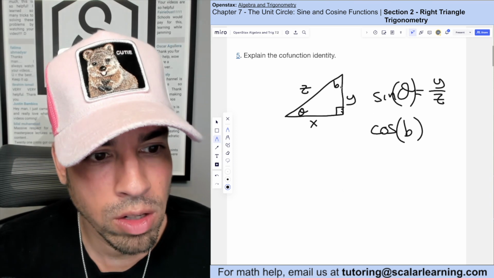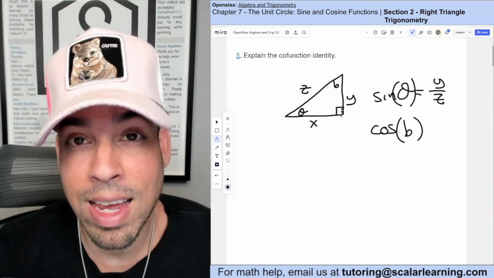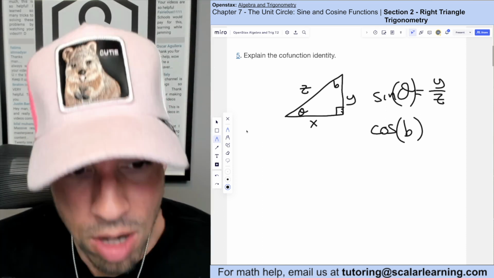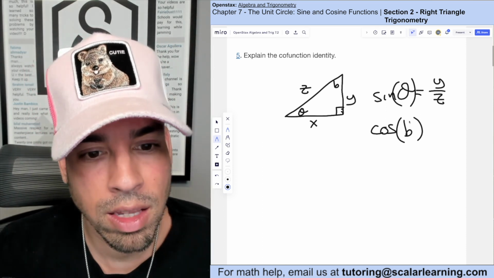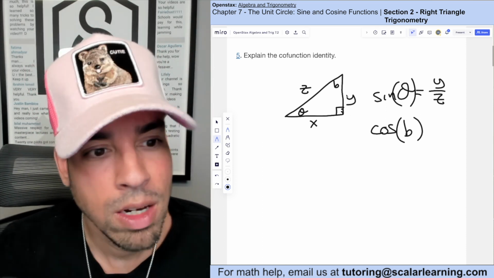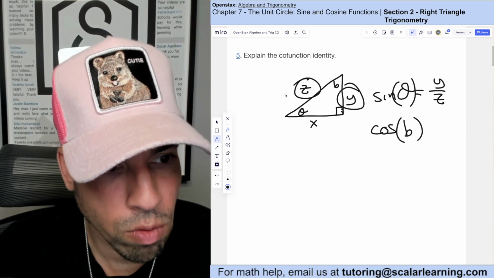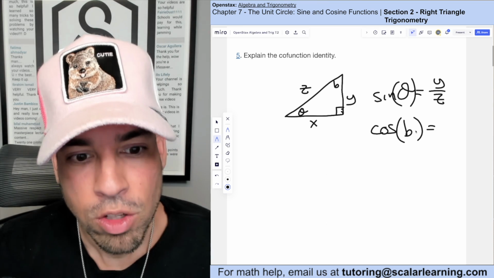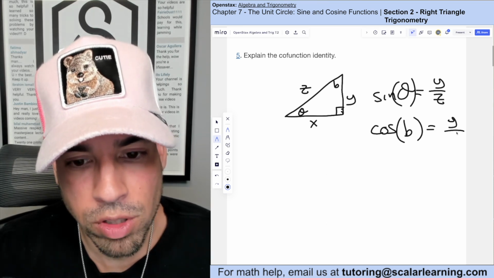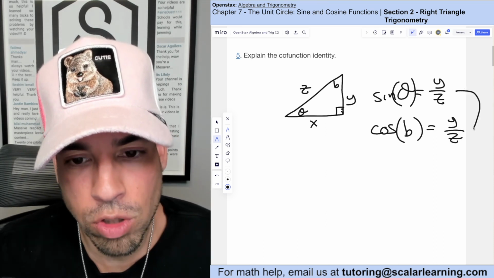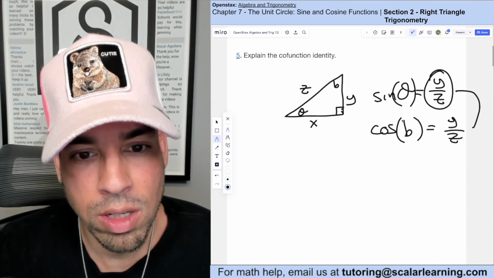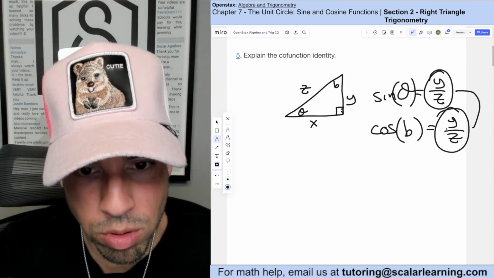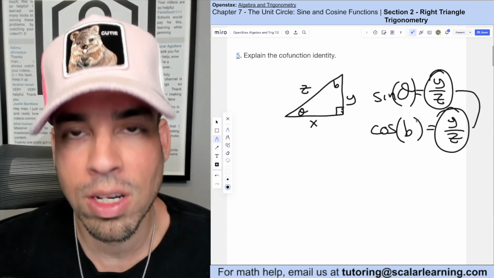Because all the angles add up to 180, and since the right angle is 90, these two must add up to 90, aka they're complementary. Cosine of B is adjacent over hypotenuse, and side Y is adjacent to B, so cosine of B is Y over Z. This shows that sine of an angle is equal to cosine of the complement of that angle. They're both the same, and that's the cofunction identity.